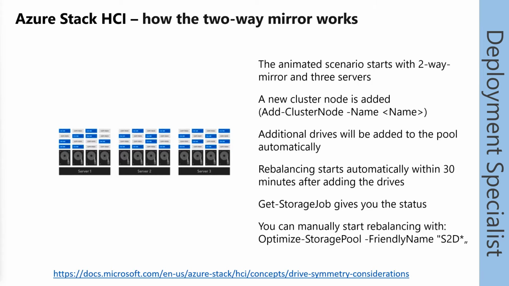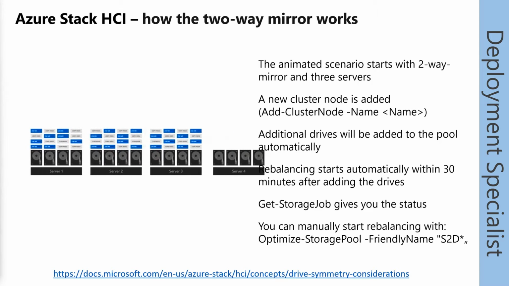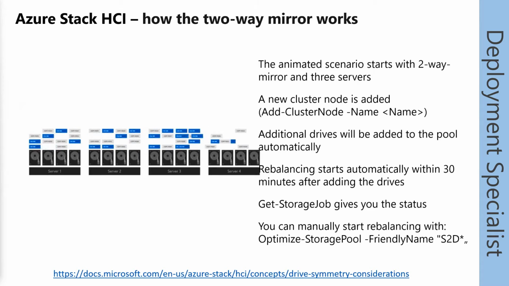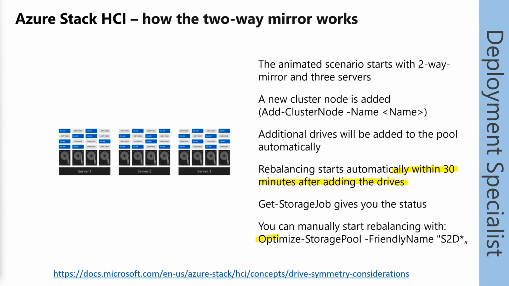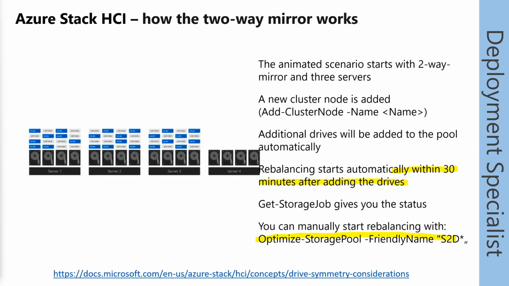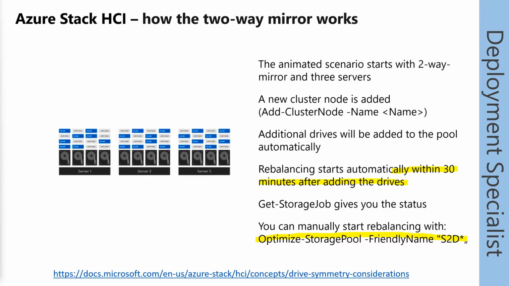The rebalancing starts automatically within 30 minutes after adding the drives. If you need an immediate rebalancing, you can start this via PowerShell with Optimize-StoragePool and then the name of the pool, and the rebalancing will start immediately.